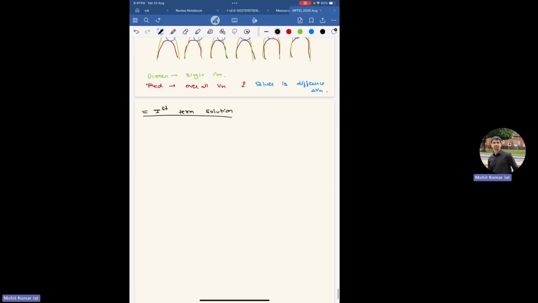So this is the first term solution, which will eventually come to be 1 by n summation over all m, because m is equal to n here in that case, integral 0 to L phi star x minus ma, minus h bar square by 2m del 2 by del x square plus potential Vx, and then phi x minus Ma dx.